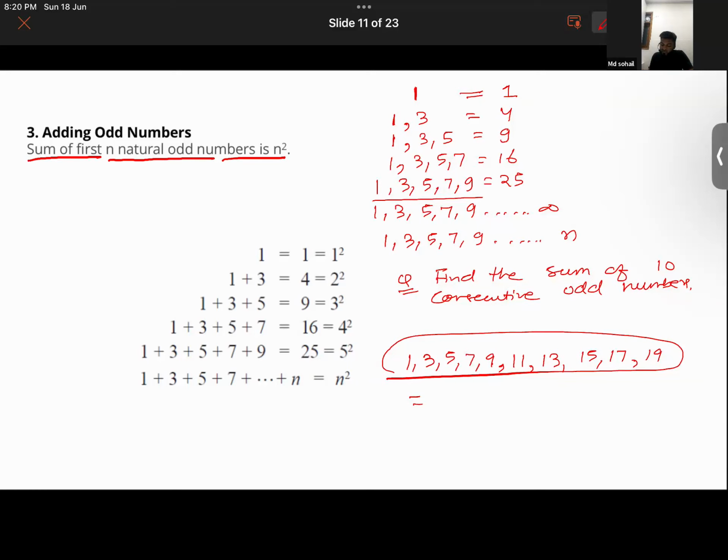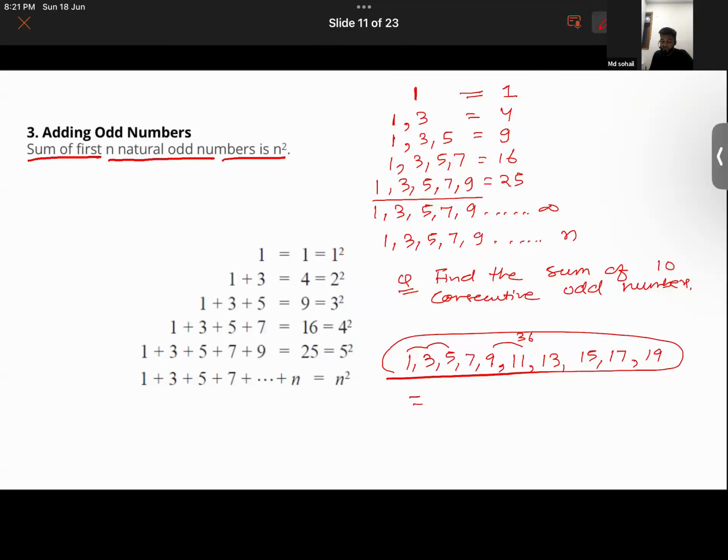Let's say 1 plus 3 plus 5, it's 9. 9 plus 7, 16. 16 plus 9, 25. 25 plus 11, up till here it is 36.